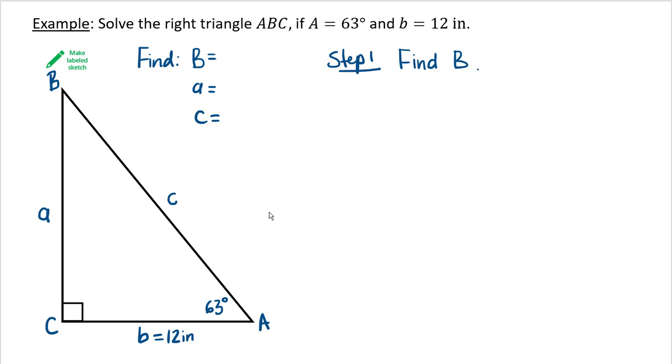So in step 1, I'm going to find angle B. In this case, I don't really need to use trigonometry to find angle B, since I already know two angles out of 3 in this triangle. Then I can simply find angle B by adding two known angles, which is 90 and 63.